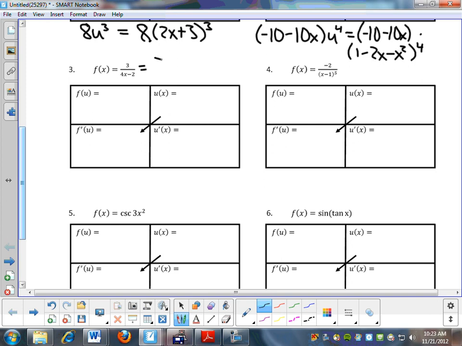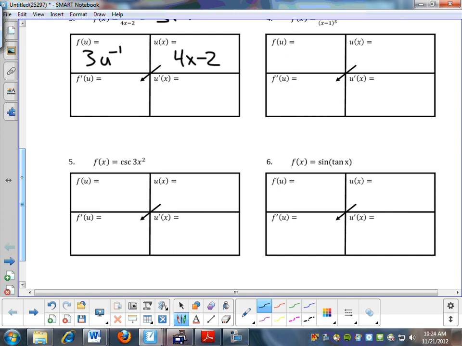So this one, I need to rewrite it. Before, you guys said, let's use the quotient rule. Forget about the quotient rule. We can rewrite this using the chain rule. 3 times 4x minus 2 to the negative first. So what's the inside? 4x minus 2. What's the outside? 3 to the negative 1. Very good.